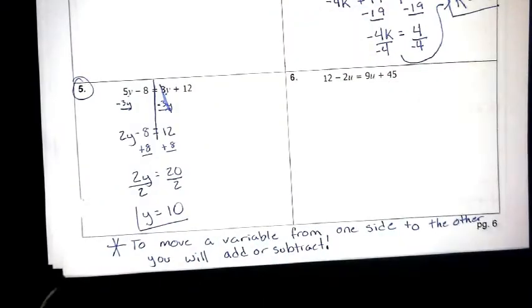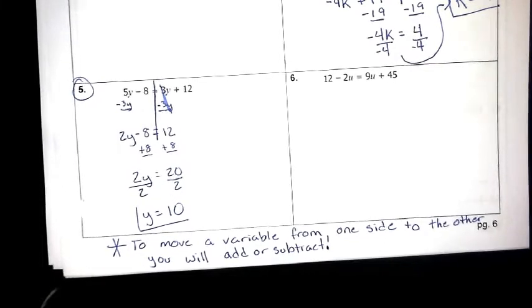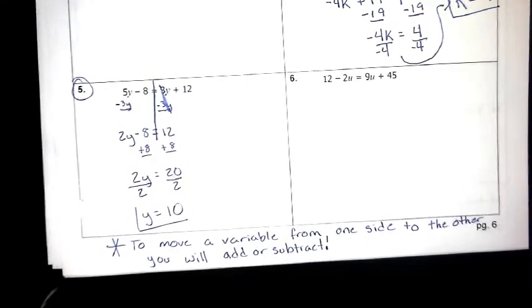So in order to move a variable from one side to the other, aka step 3 in solving multi-step problems, you need to move a variable from one side to the other by adding or subtracting.